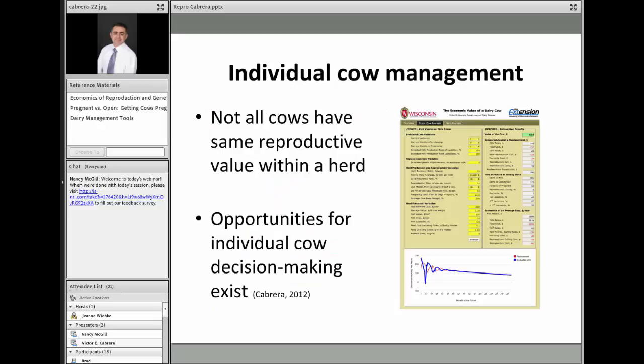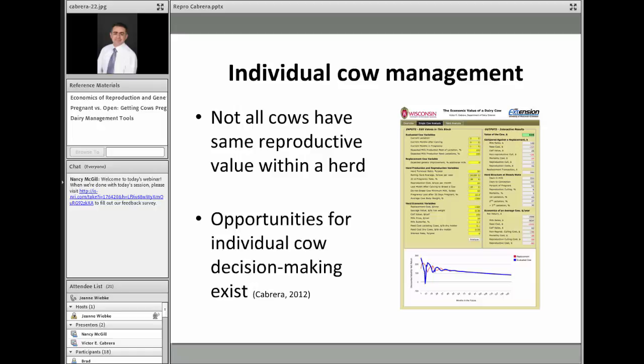And the last tool we're going to discuss today is this one that we are calling the economic value of a dairy cow. If you remember quickly what we have seen so far, the first tool will basically find out the value of 21-day preg rate.